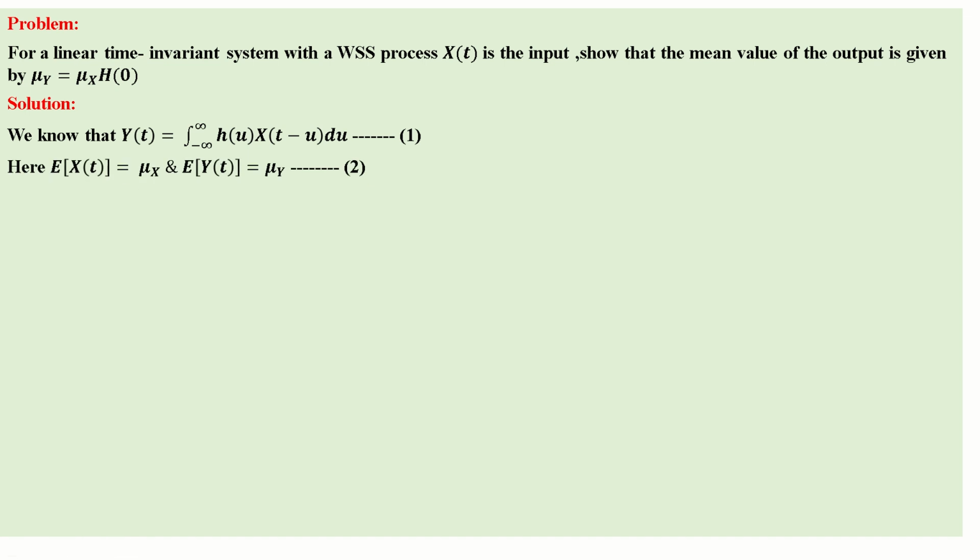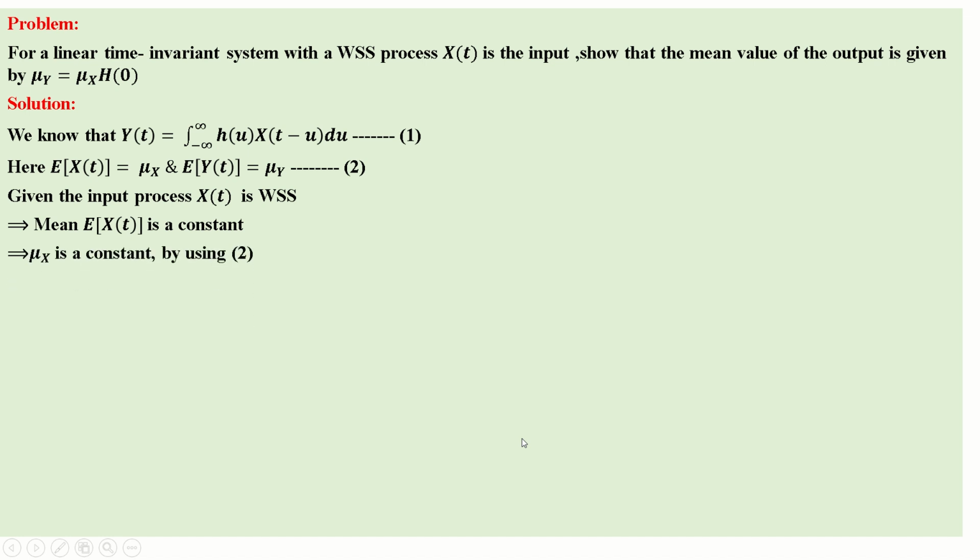Here expected value of x of t is equal to mu x, and expected value of y of t is equal to mu y. That is equation number 2. Given the input process x of t is WSS, that means the mean, expected value of x of t, is a constant, mu x is a constant, right? So expected value of y of t is equal to expected value of, substituting for y of t, the integral from minus infinity to plus infinity of h of u x of t minus u du.